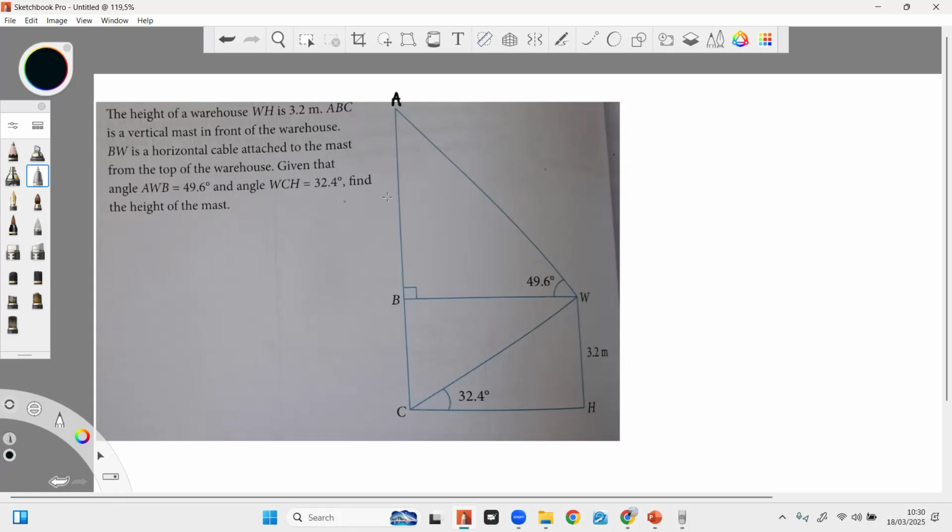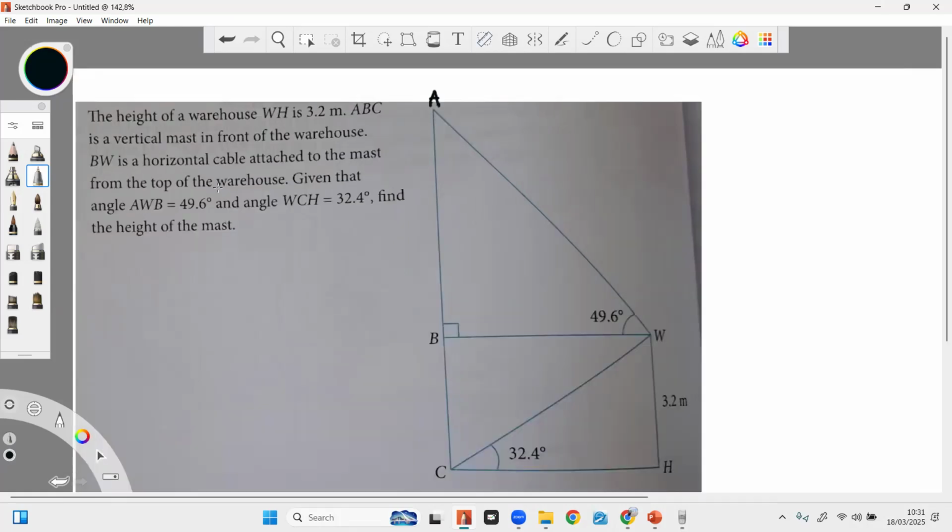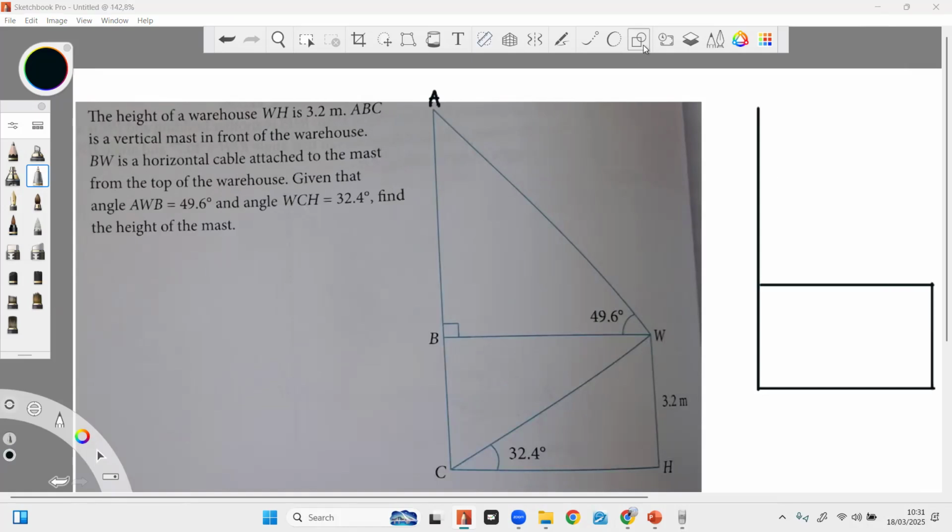Now, find the height of the mast. Look at the question and read it properly. Come on, guys. Go with me. The height of a warehouse WH is 3.2. Okay, sorry, I redraw it because the drawing is a bit bent. A here, 90, B, C, W, H, 49.6.